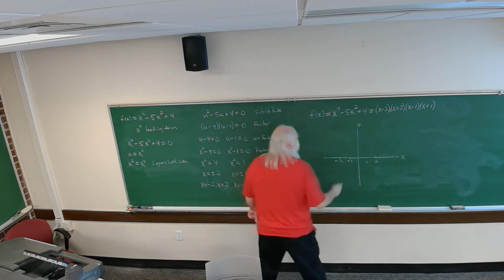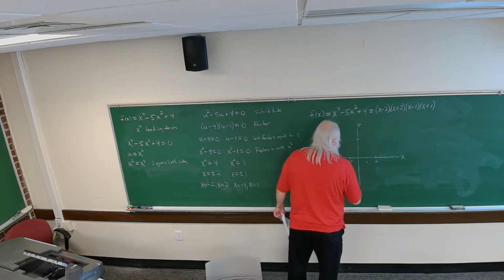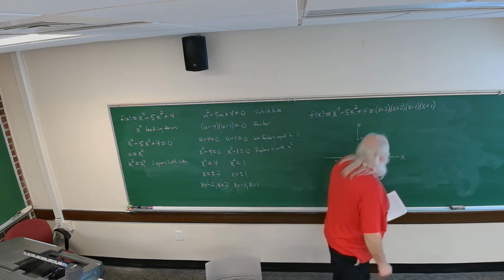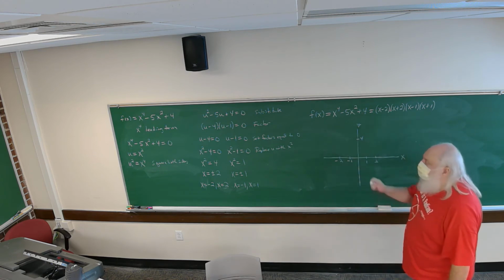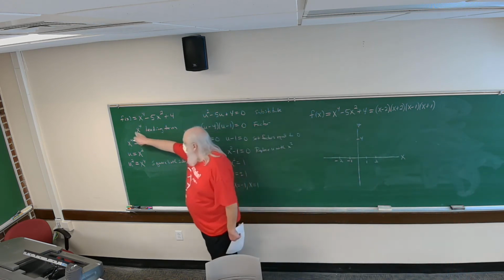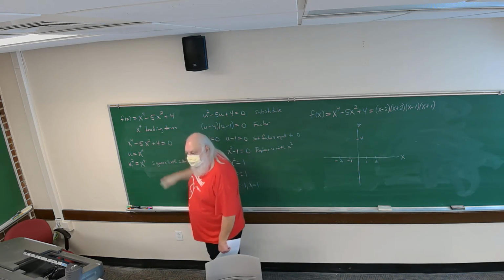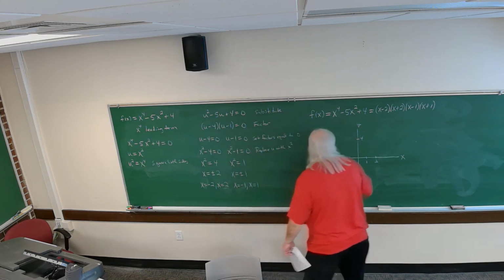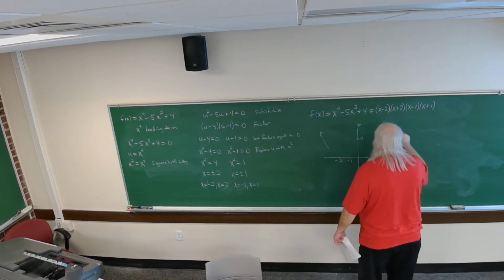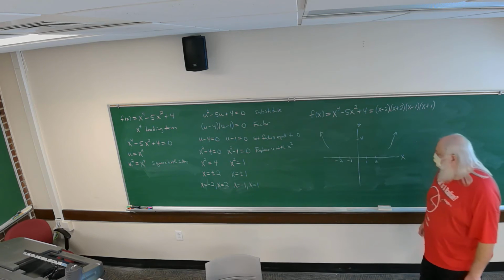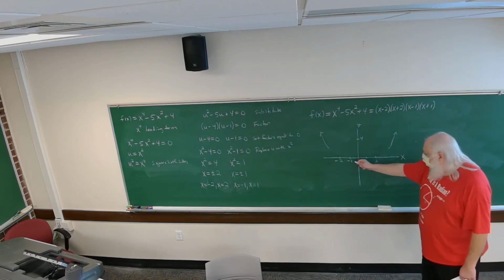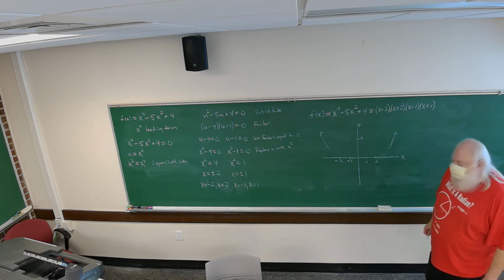So it's going to cross the y-axis up here at y equals 4. The leading term we said was x to the 4th, so the coefficient is positive and the degree is even. And so we know on the left end the graph is going to go up, and on the right end the graph is going to go up. And we know the graph is going to cross at each of those 4 intercepts.